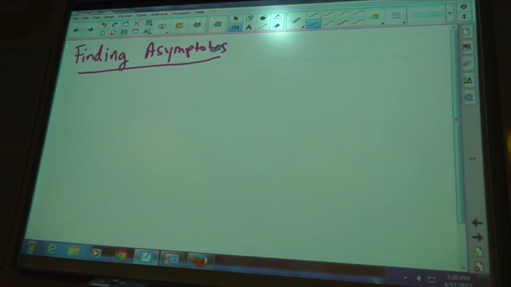All right, finding asymptotes. So vertical is always the easiest. Can't spell it. Asymptotes.